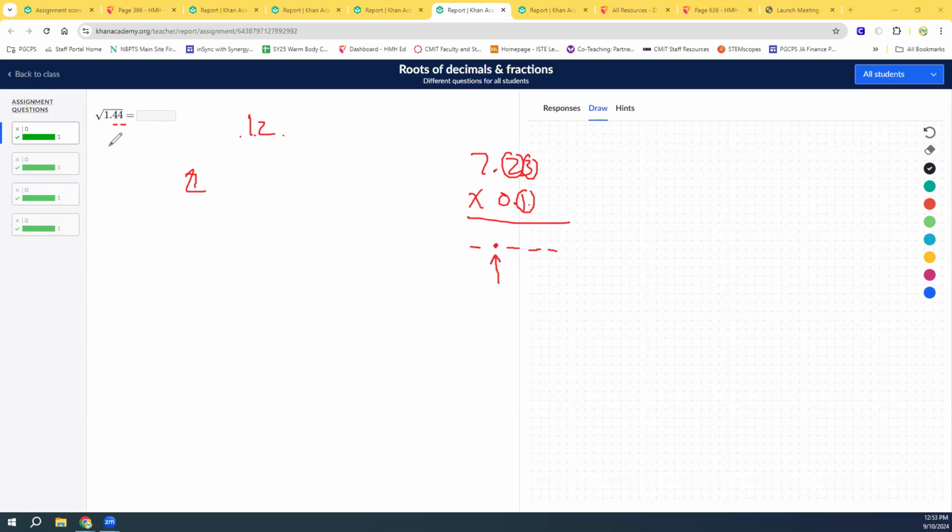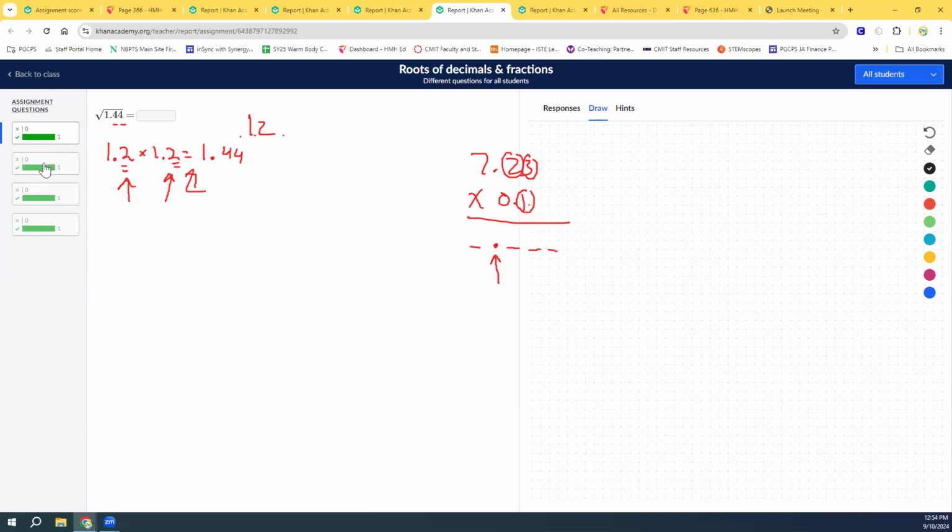So thinking backwards, our numbers must each have only 1 digit behind the decimal if we need to get a total of 2 digits behind the decimal in our answer. So 1.2 times 1.2 is going to be 1.44. In my factors, I had 1 digit behind the decimal, but there's 2 factors, so a total of 2 digits behind the decimal, which is why that's what we see in the answer.